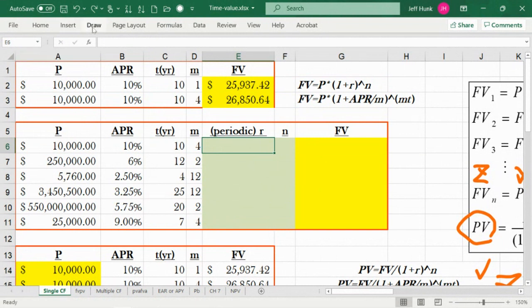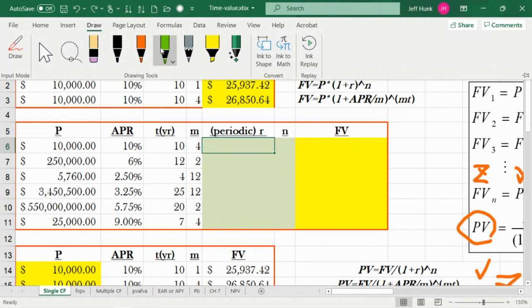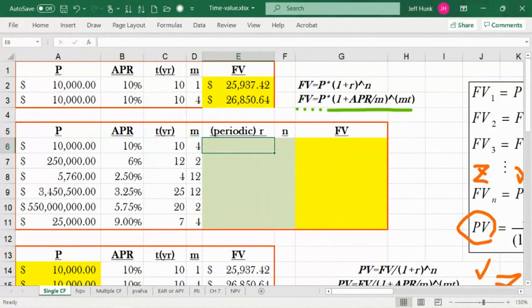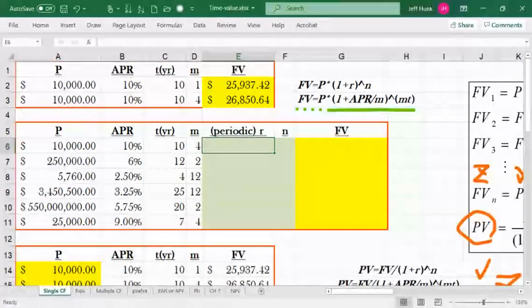Now, if you think about it, this is how I did it. This is the tweaked formula. I tweaked the formula a little, right? This is how I tweaked it.